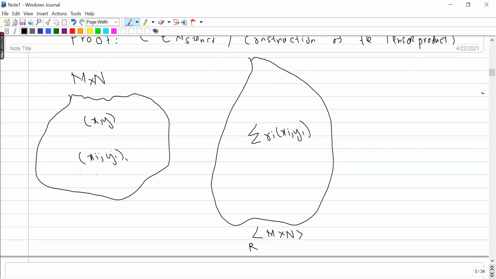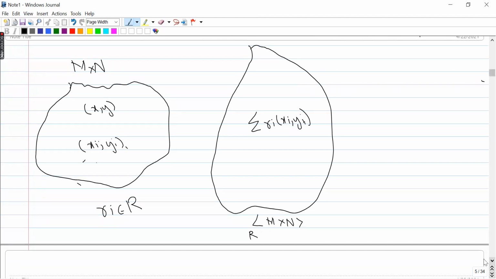What is the difference? This contains elements which are in the form of x comma y, and now this contains all formal linear combinations which we can construct with the help of the xi's comma yi's, where the xi's comma yi's are sitting here and all ri's are elements of R.